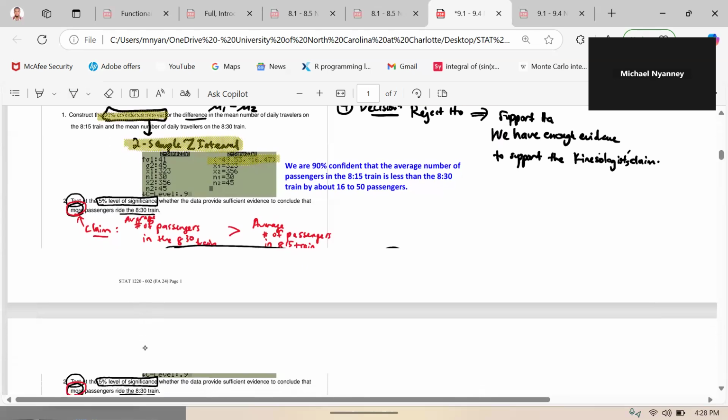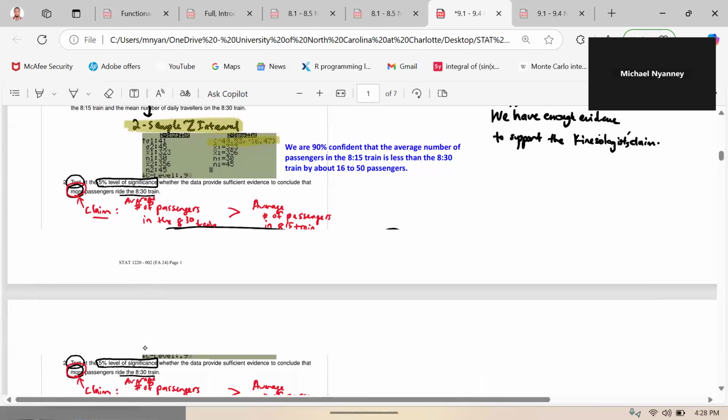So conclude that more passengers ride the 8:30 train. If you want to write that as the hypothesis, then the 8:30 will be mu2 is greater than mu1. But that is not what we want. The H naught says you should write it as mu1 minus mu2 is either less than D naught, greater than D naught, or not equal to D naught.